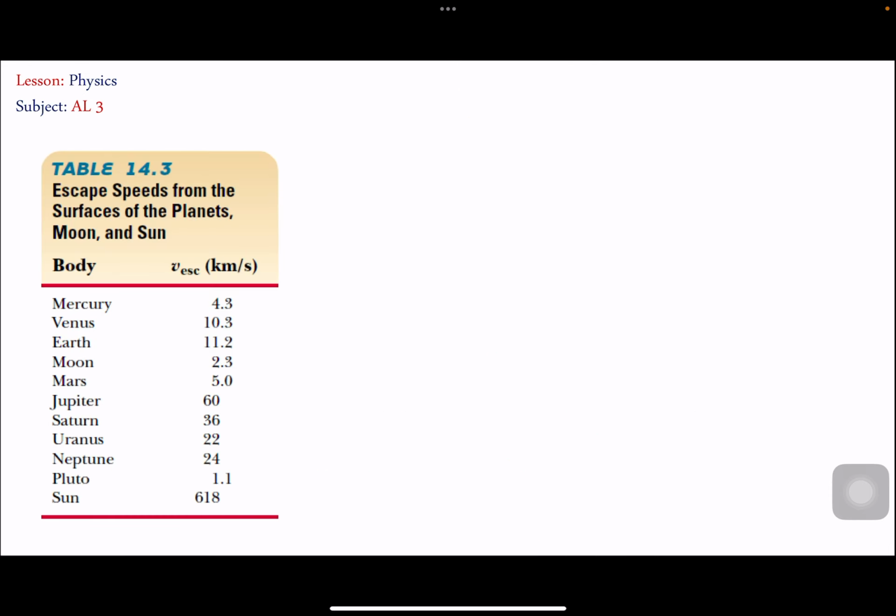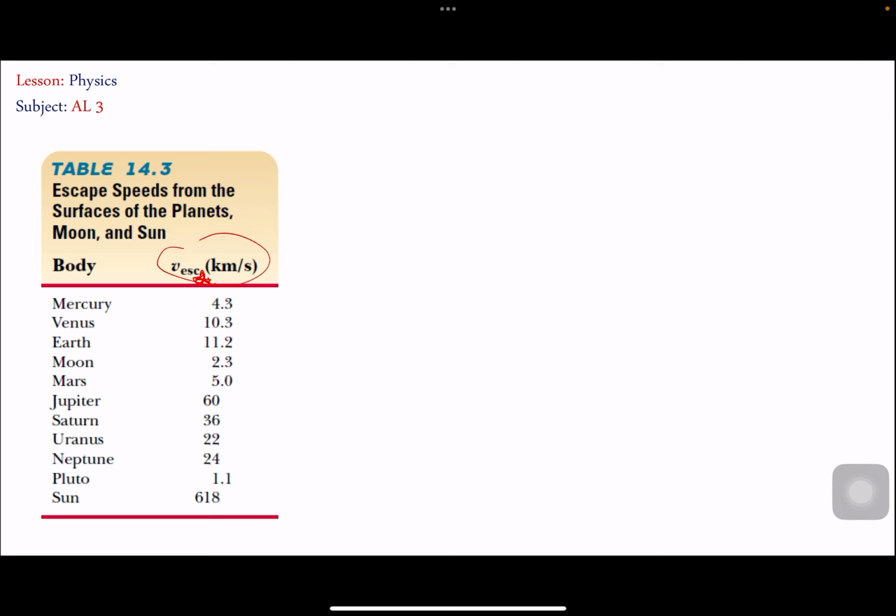Now, if you look at table 14.3, which I took from another book called the survey, you may find it also. It lists the escape speeds from the surface of the planets, moon, and sun. You see that every planet has its own escape speed. The escape speed here, indeed, is the second escape speed, to escape from its gravity.